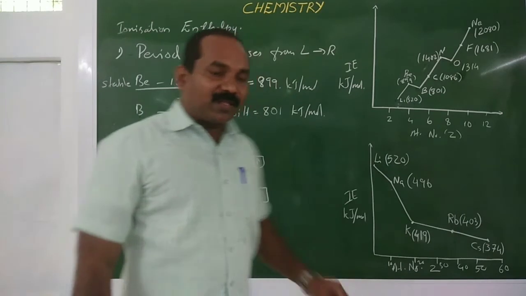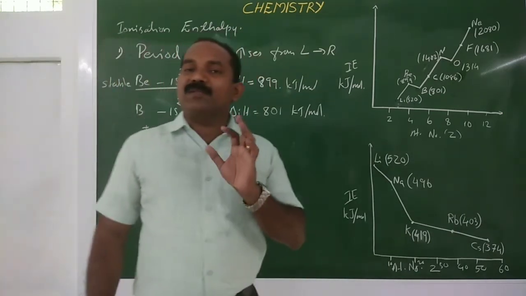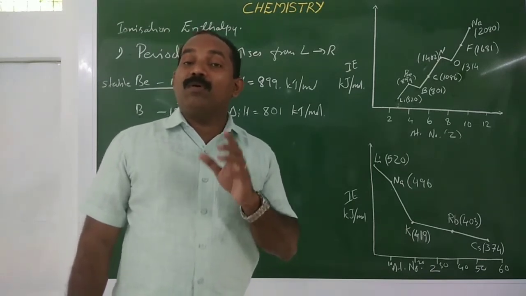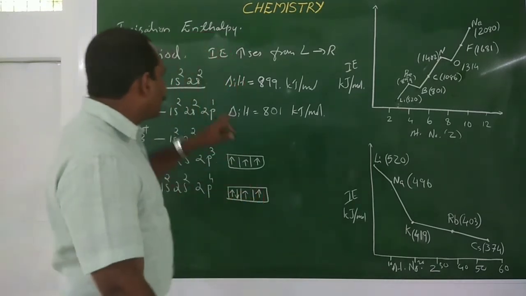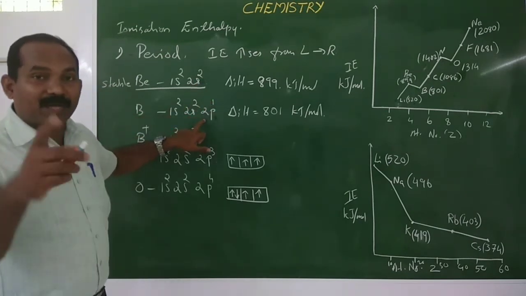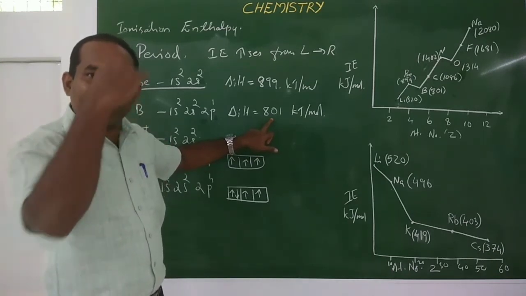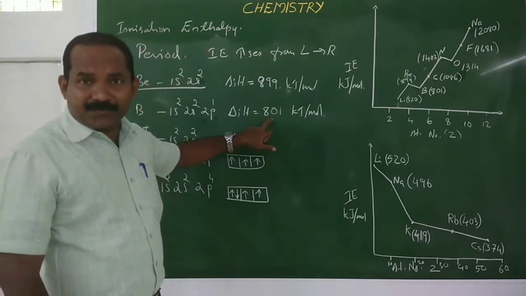Are you clear? It's very important information. Half-filled and completely filled orbitals are more stable than partially filled. Here is completely filled, this one is partially filled. That's why ionization energy is lesser as compared to beryllium.